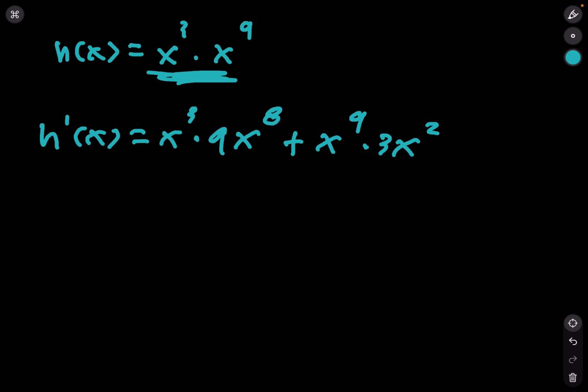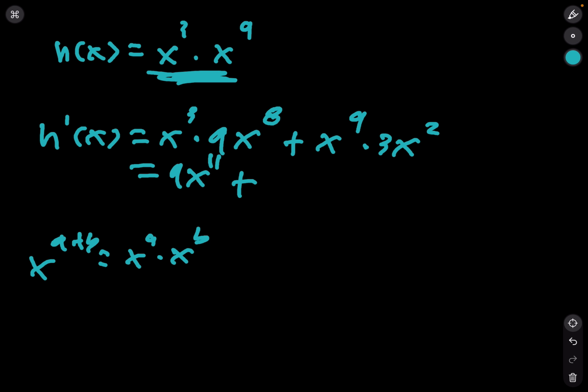But let's simplify a little bit, shall we? Let's say we have 9x to the 8th times x to the 3rd. Since we know our exponent rule, x to the a plus b is equal to x to the a times x to the b, we can say that this is 9x to the 11, because 3 plus 8 is 11, plus x to the 9 times 3x squared.